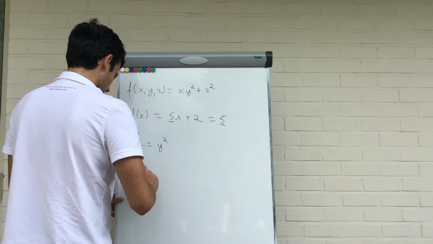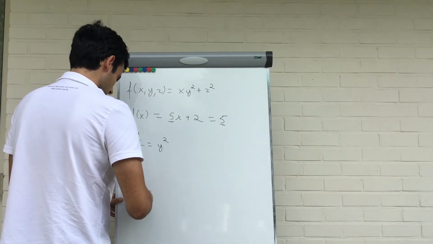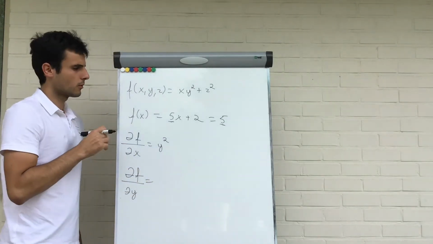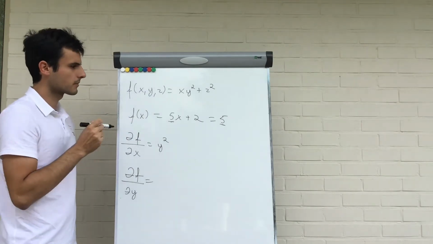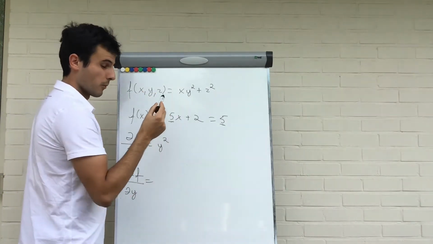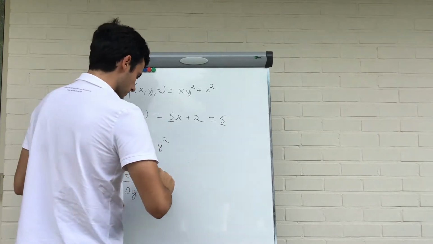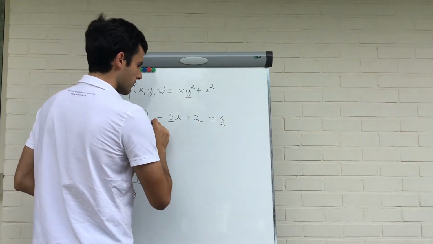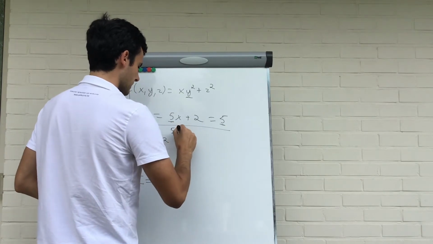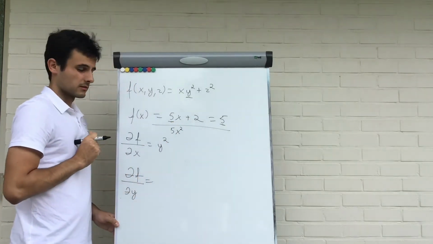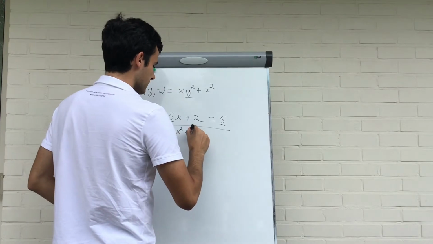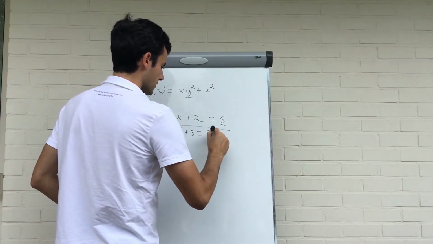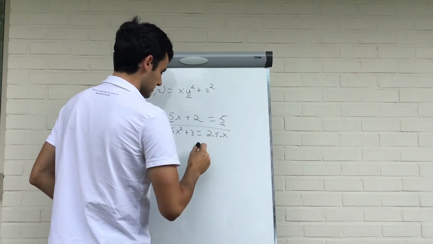If you take f y, the second partial derivative, now y is the variable. In the example of one variable, it is 5 multiplied with x to the power of 2 plus 3, so you get 2 multiplied with 5 multiplied with x.